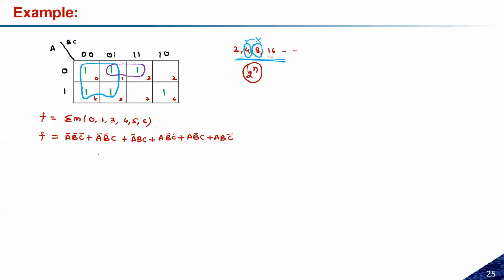If I have already made a quad or a pair, any one of the ones, or any one of the min terms, can be considered to make a pair with others as well if needed. First we try to make the pair with an unused one, but if we are not able to get any unused min term to make the pair, we can use the used one as well. So this is what we have used here to make the pair.